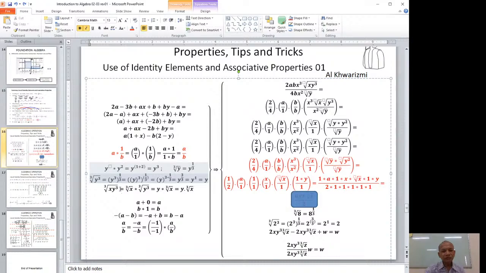Similarly here, we can separate x and y cubed into two radicals, a product of two radicals: cubic root of x times cubic root of y cubed. So we can take y out by itself, leaving the cubic root of x, so y times cubic root of x.